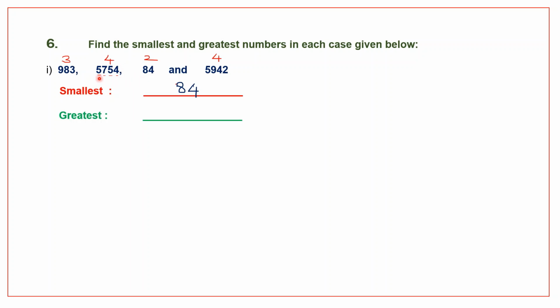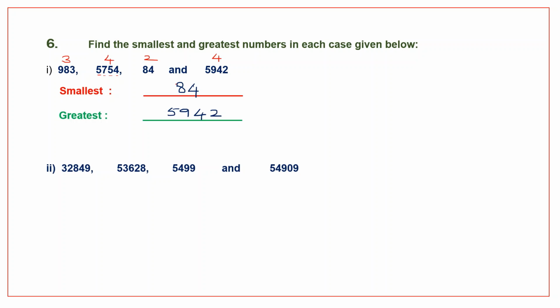So extreme left is 5 here, and there also it's 5. So both are the same. So when they are the same, now look at the next digit. The next one is 7 and 9. So which is the bigger one, 7 or 9? 9 is the bigger one. So this is the greatest number, 5,942. So let's write that down, 5,942.